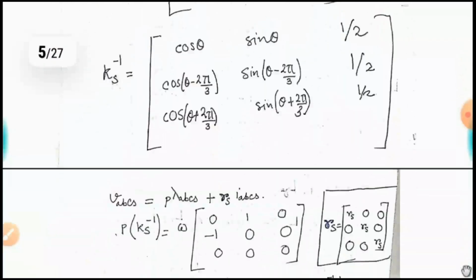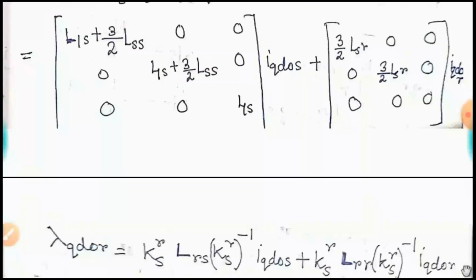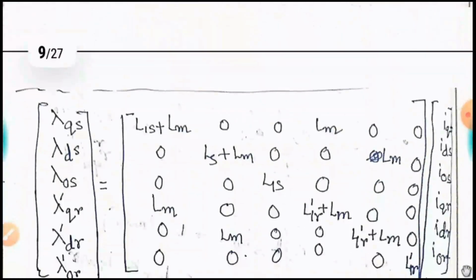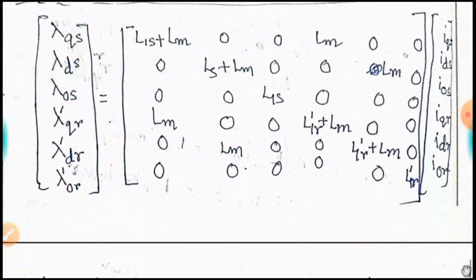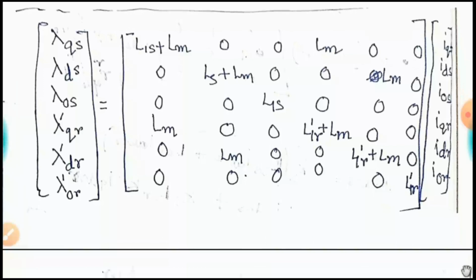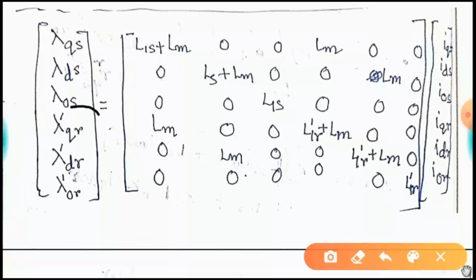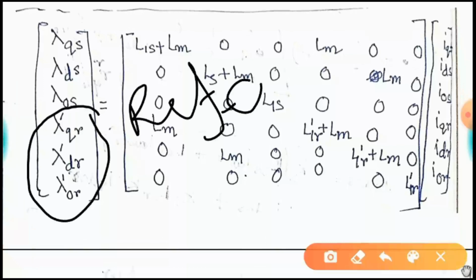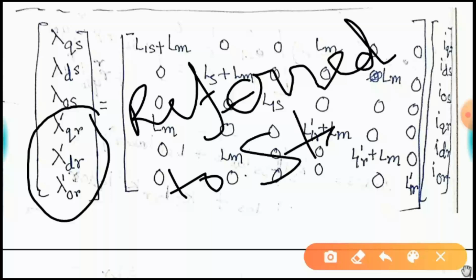So let us proceed with this, and then we'll see here that we can have our whole model in terms of lambda QS, lambda DS, lambda not S, and these three terms are referred to the stator winding, nothing else.